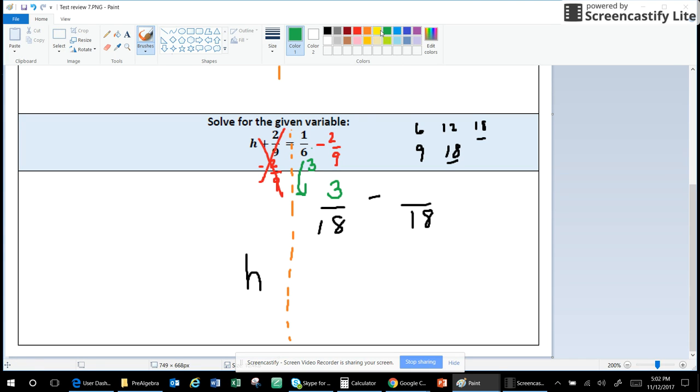On the other one, I took a 9 and made it into an 18, and that's 9 times 2. So I'm going to multiply the top by 2. So that would be 2 times 2 is 4. And now I can subtract these fractions. 3 minus 4 is a negative 1, and the bottom of the fraction is unchanged.